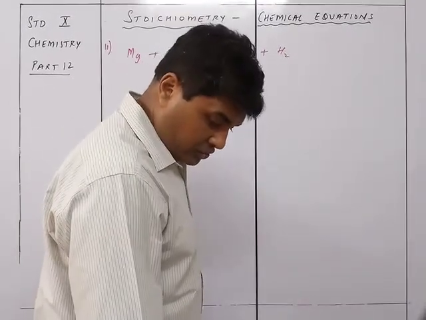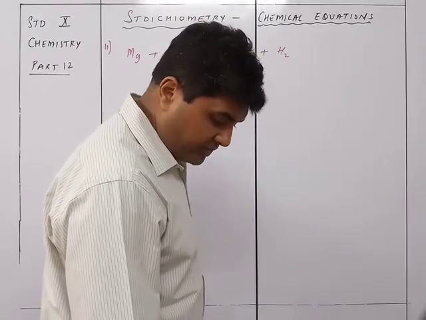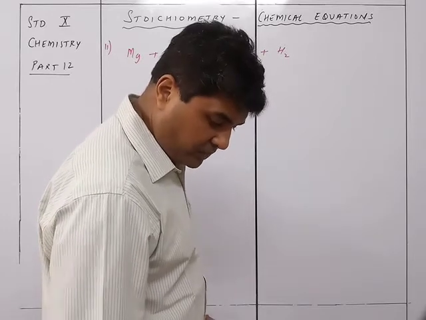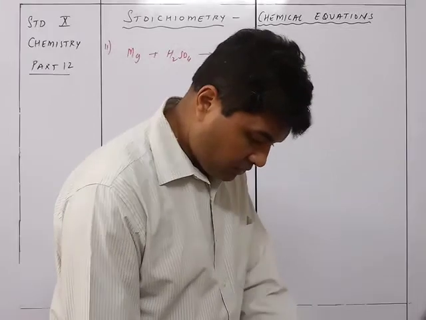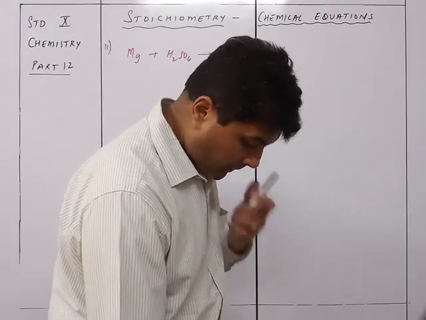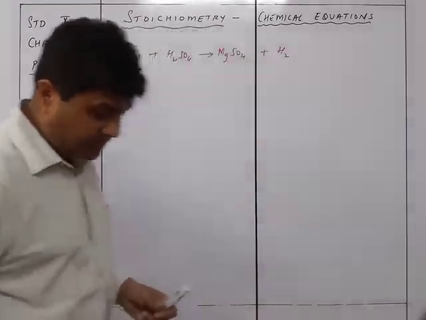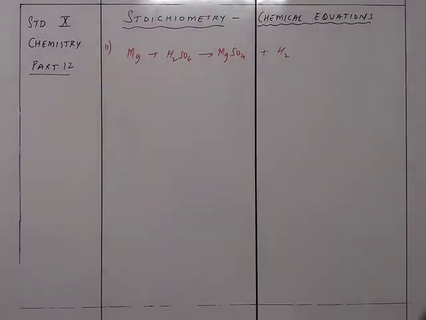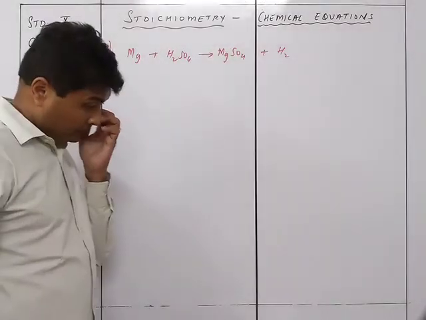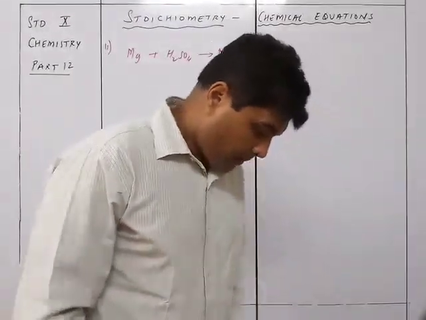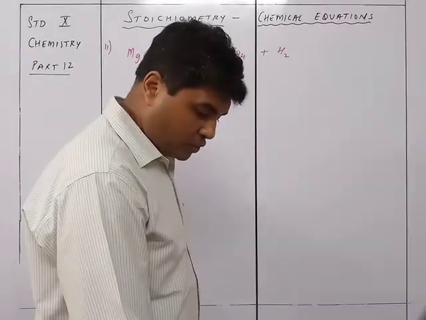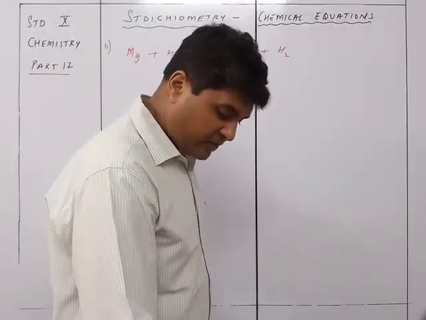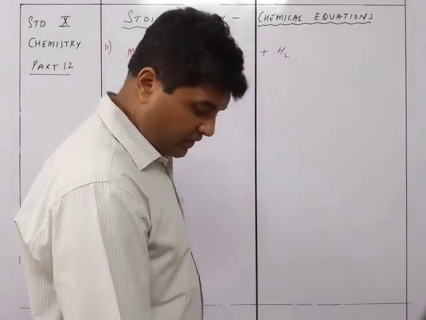So magnesium reacts with dilute sulfuric acid to give you the respective salt plus hydrogen. If 1 gram of impure sample gave 298.66 cc of hydrogen, calculate the percentage of purity of this sample.